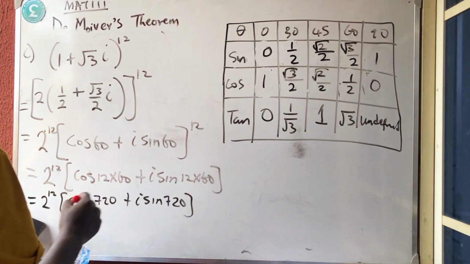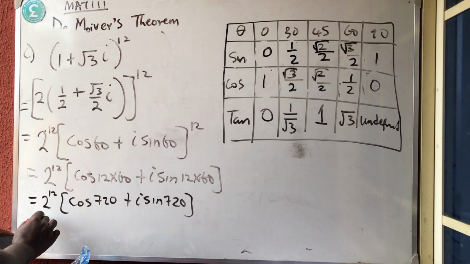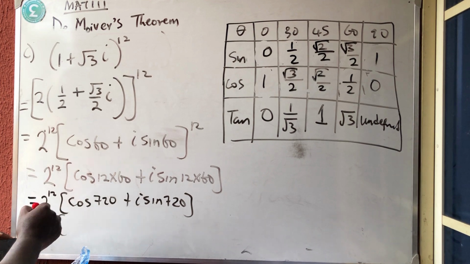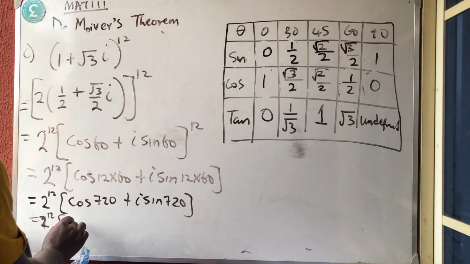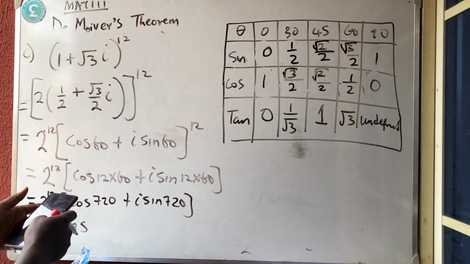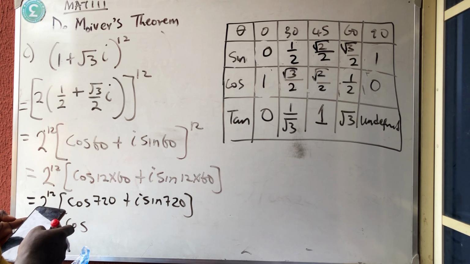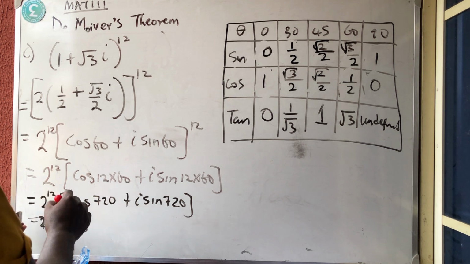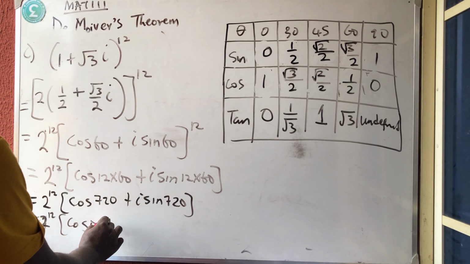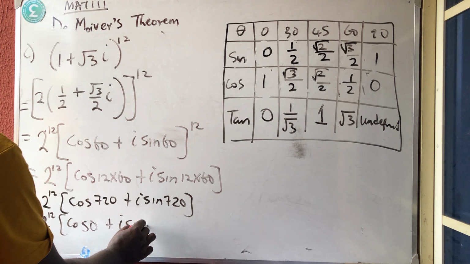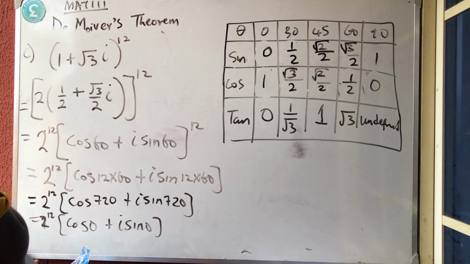If you look, 720 has exceeded the 4th quadrant. So how do you bring it back to any quadrant? By subtracting 360. 720 minus 360 is 360, and 360 minus 360 is 0. So this is cos 0 plus i sine 0.